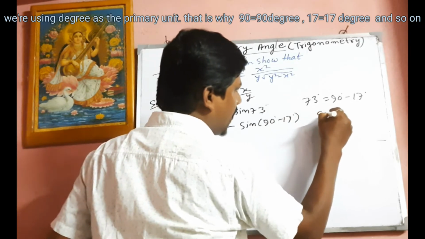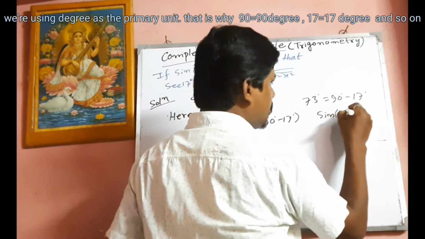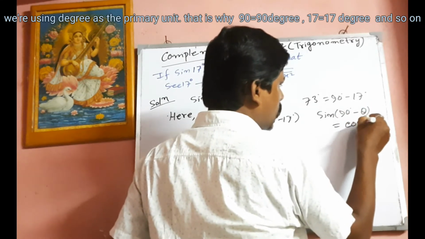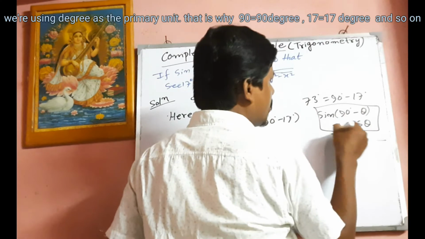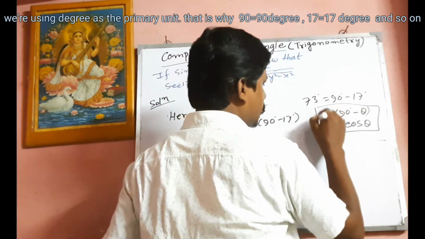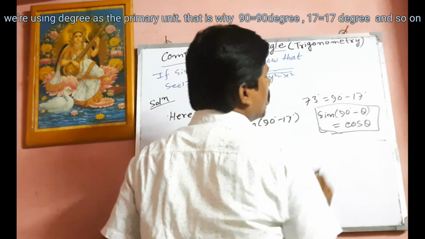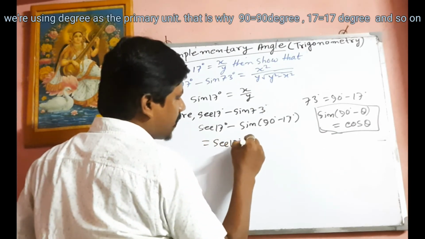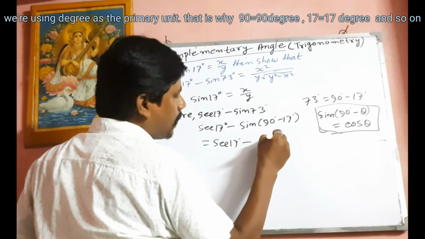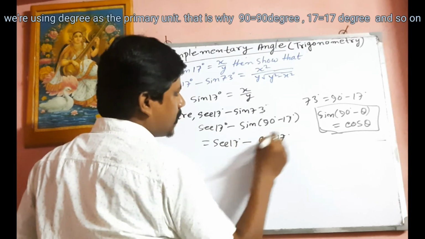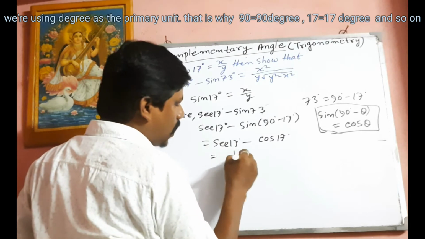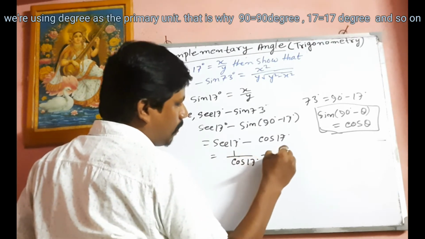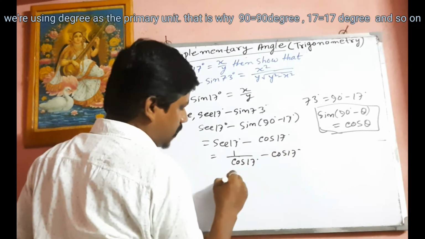And we know that sin of 90 degrees minus theta is equal to cos theta. So sec 17 degrees minus cos 17 degrees, that is sec means 1 by cos 17 degrees, minus cos 17 degrees.